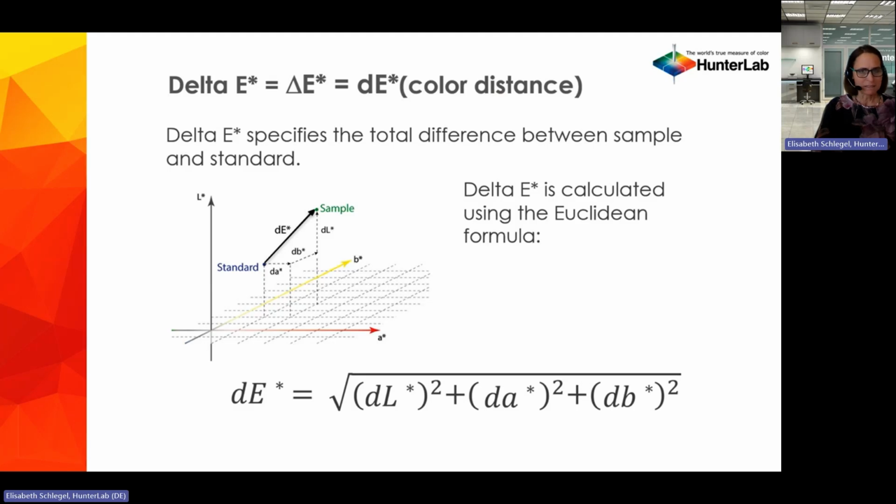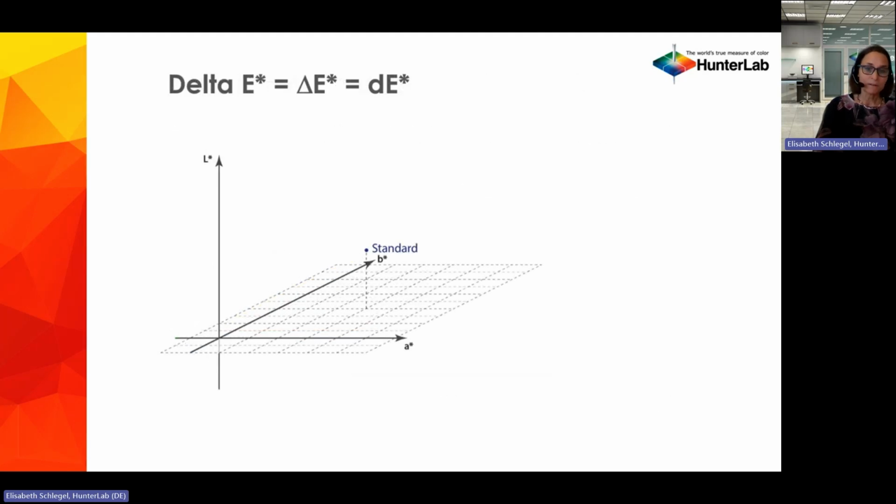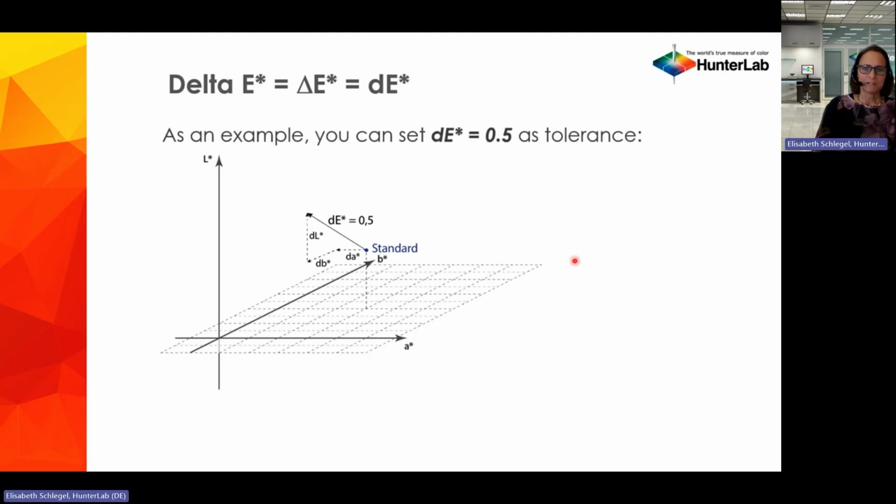And with that value, for example, I can define a tolerance. If I have a certain standard, I can set, for example, 0.5 as a tolerance. So I would have this arrow of the length 0.5 here. And this would go in all the directions as a tolerance in all the directions.